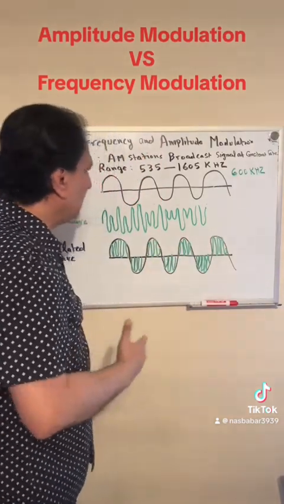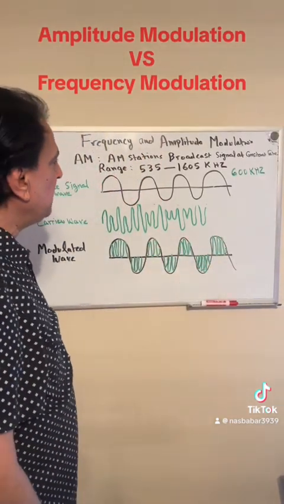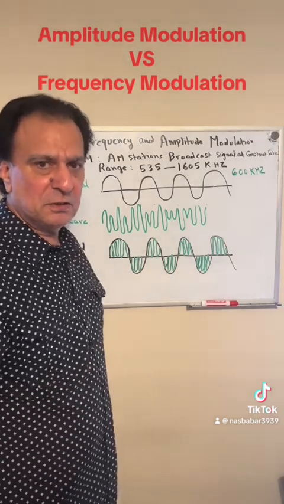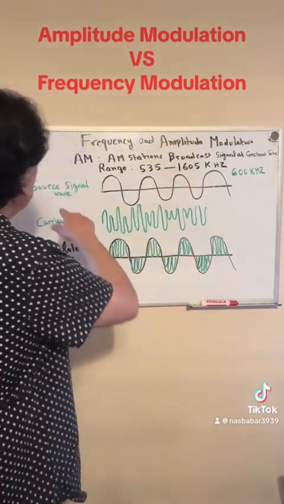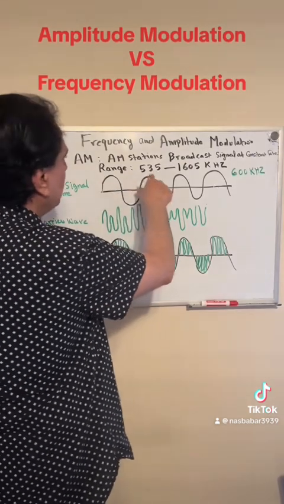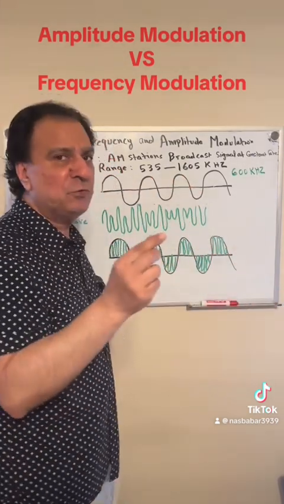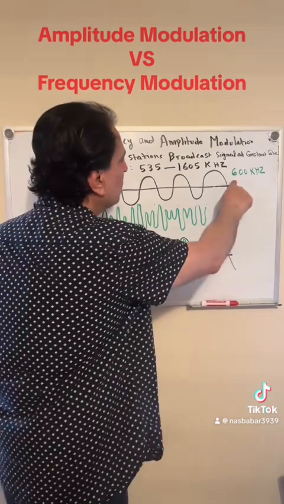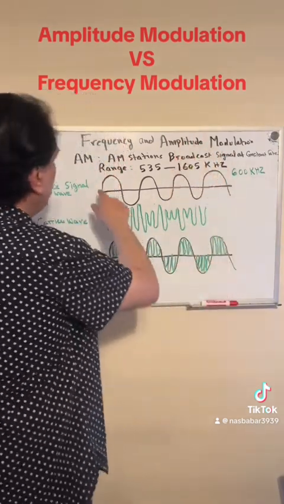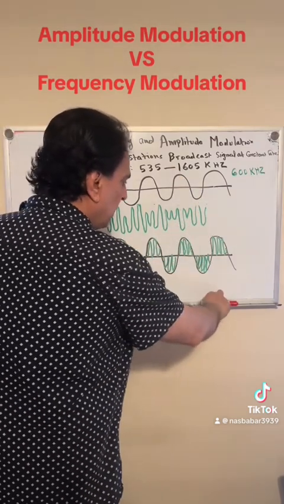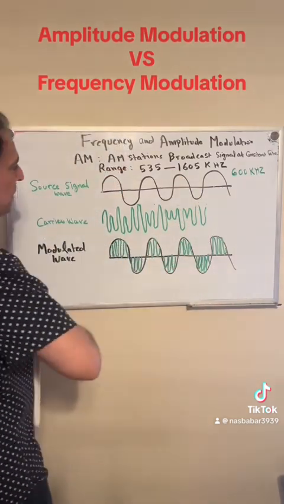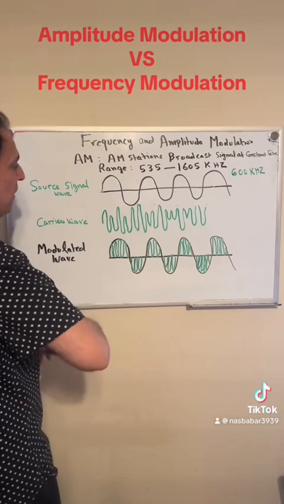So let's say you are at an AM radio station, and this is all high level, okay? You have a source signal wave right here. Let's say the FCC assigned you 600 kilohertz, right? So you have this signal source wave at 600 kilohertz. And this right here is your amplitude carrier wave.